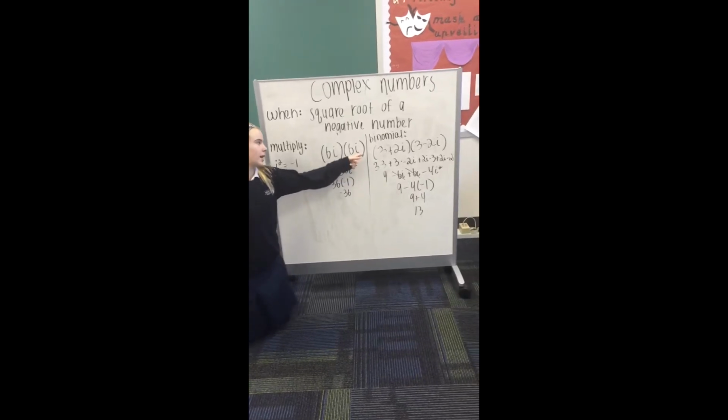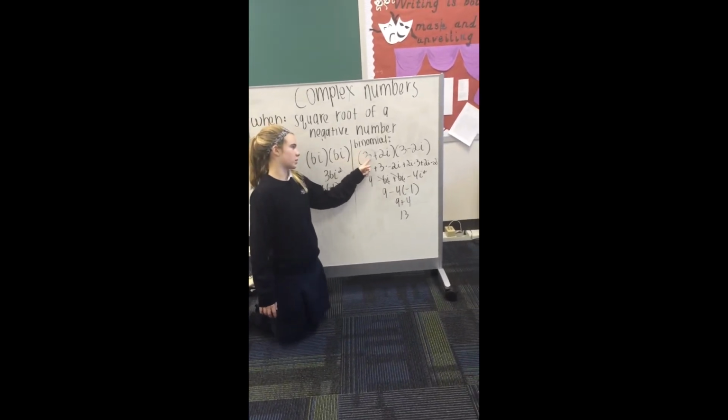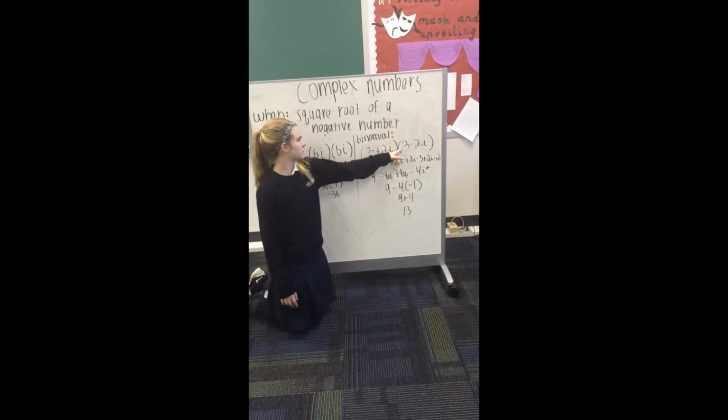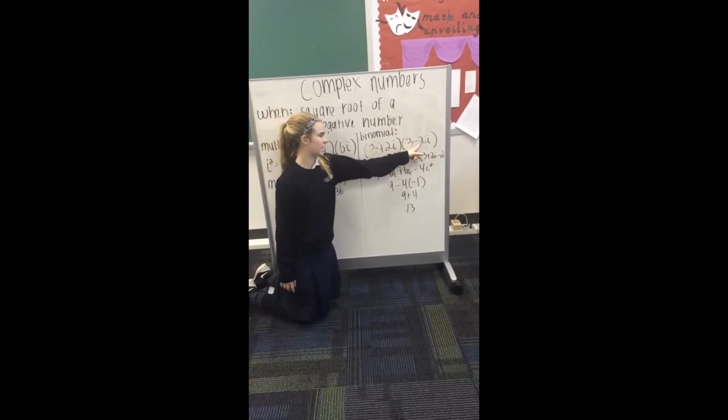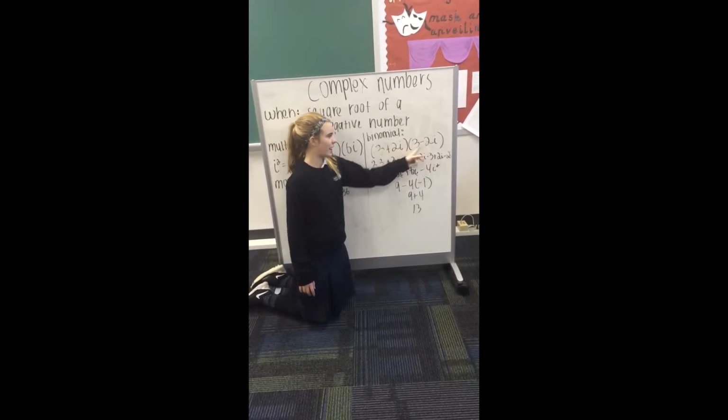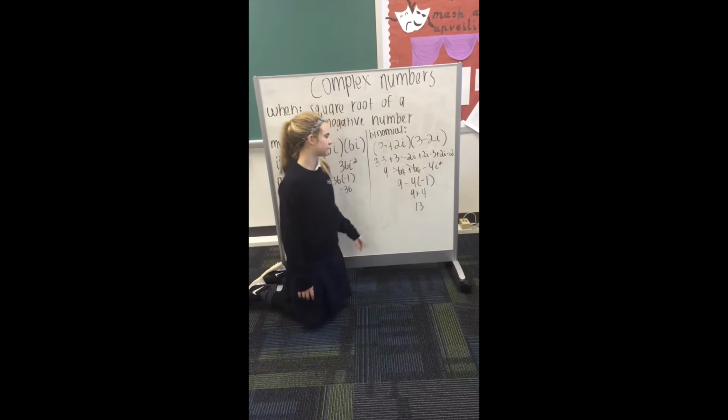Then multiplying a binomial, you have parentheses 3 plus 2i, parentheses 3 minus 2i. So you get 3 times 3 plus 3 times negative 2i plus 2i times 3 plus 2i times negative 2i.